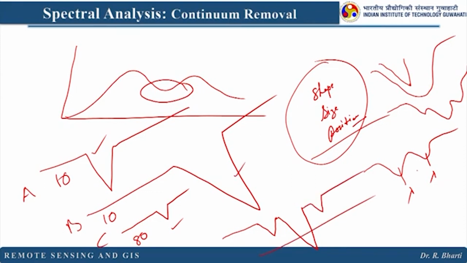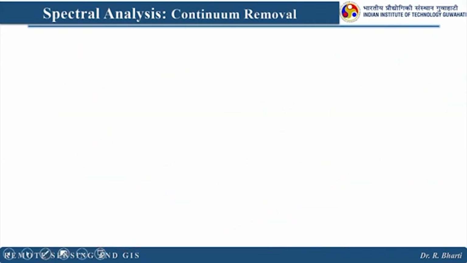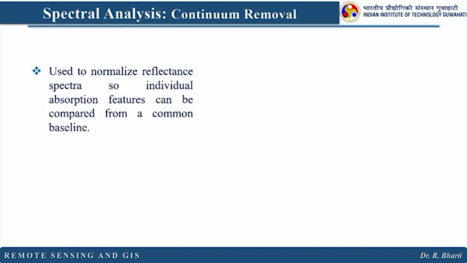If you mix them, the more depth will be acquired by this C. Why? Because that has the maximum concentration. That is why depth, size and position are very important in spectral analysis. So if you see any spectra, we need to measure the depth, and based on this depth we identify their contribution, or their composition, or their amount in the pixel.